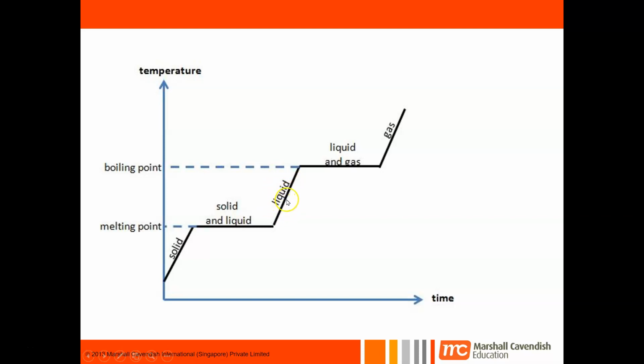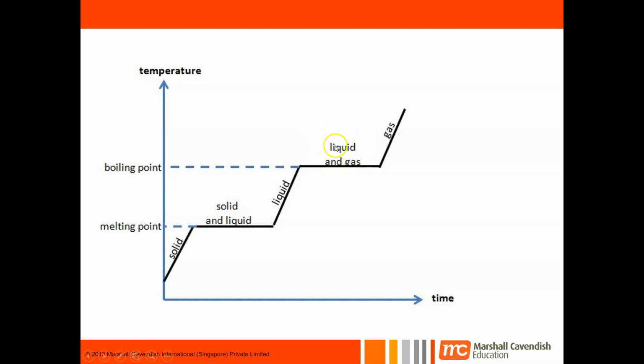Okay, so liquid, the temperature keeps increasing up until it reaches the boiling point, which again, at this point of time, it stops increasing in temperature, and it now is in an interface between liquid and gas.